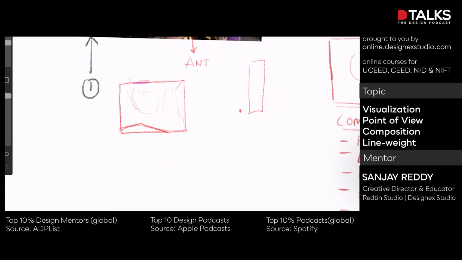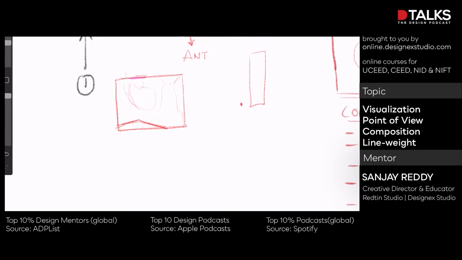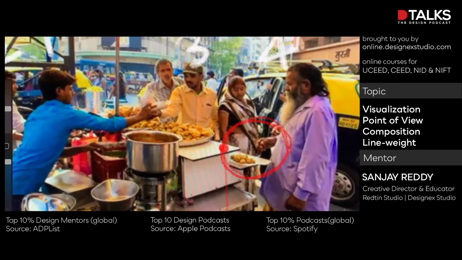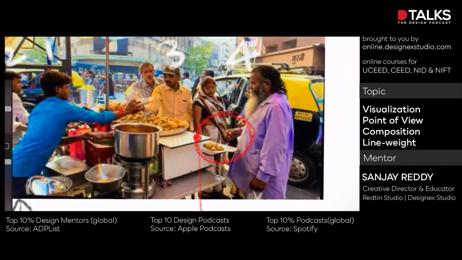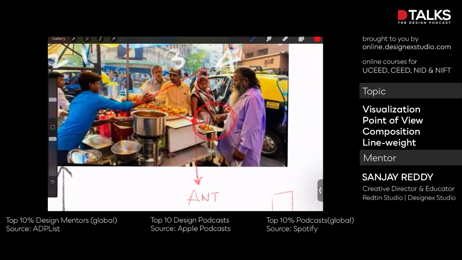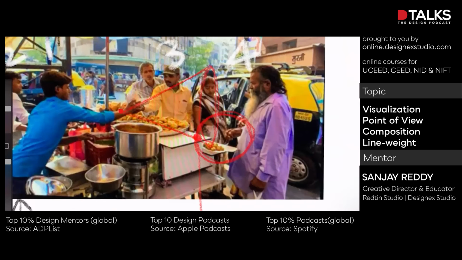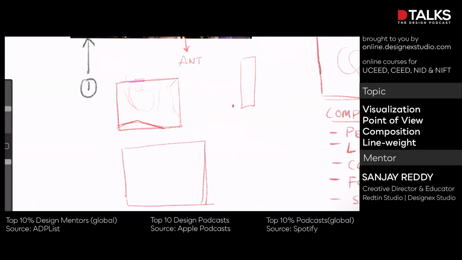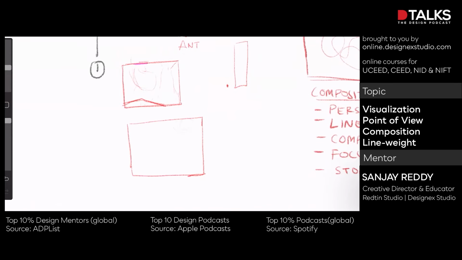If it is a little far, let's say this ant is sitting on this guy's hand. Now, if you look at this person, then you can make things like this. Big person, big exaggerated hand.